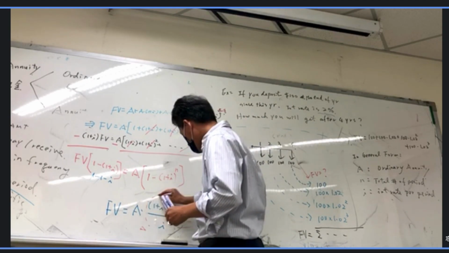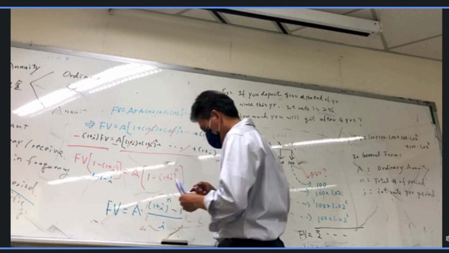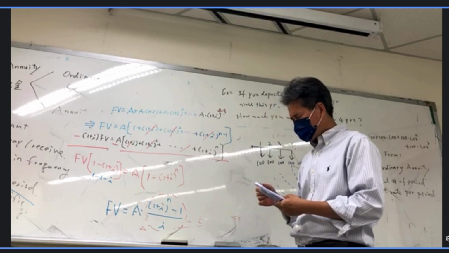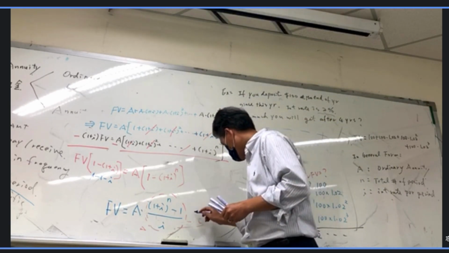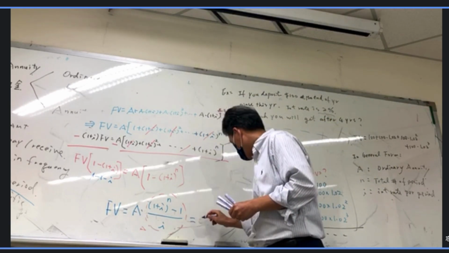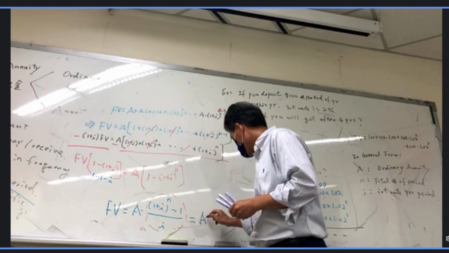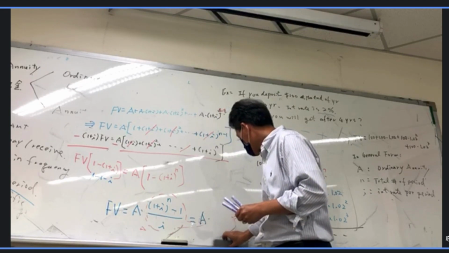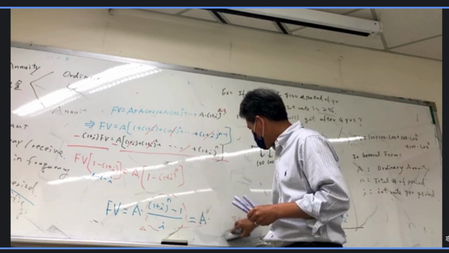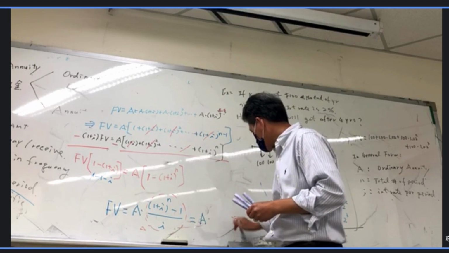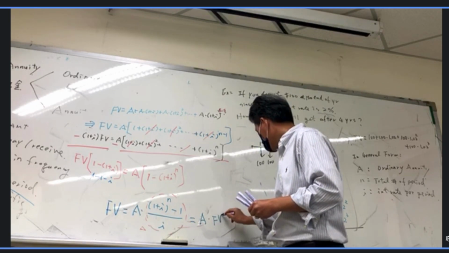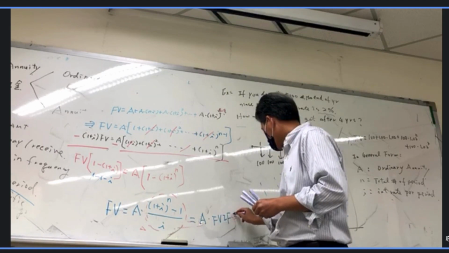Okay, and we call this A times the future value interest factor of annuity.